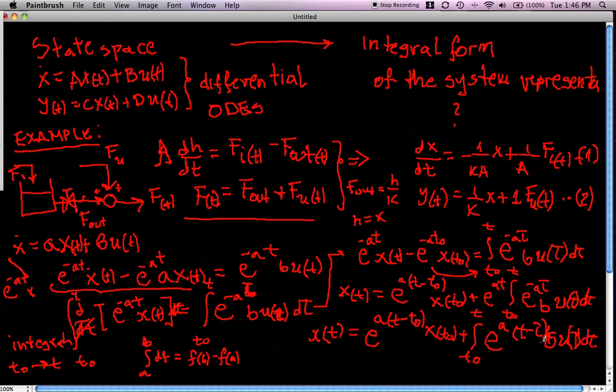I'm just rewriting this. So this is b of t. Therefore, we got an integral expression.